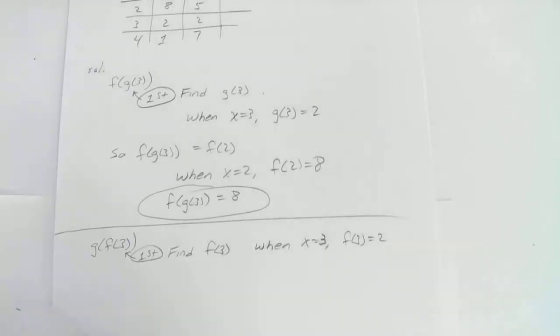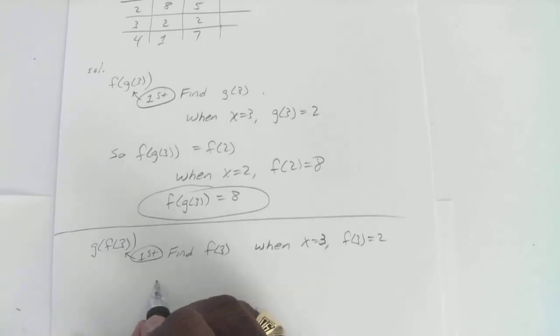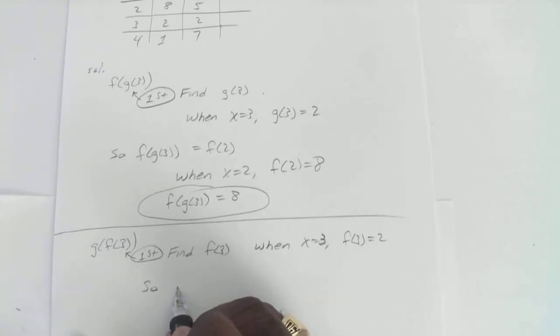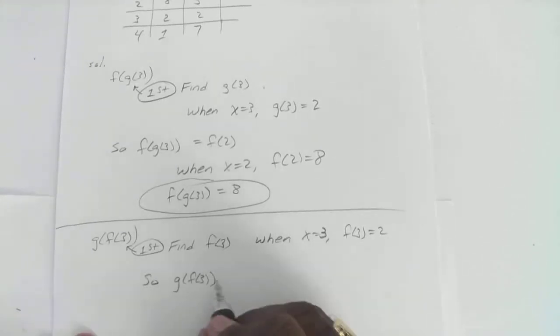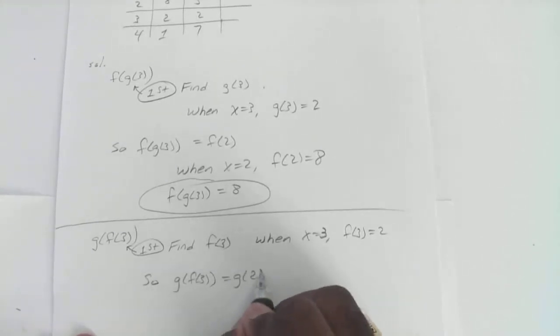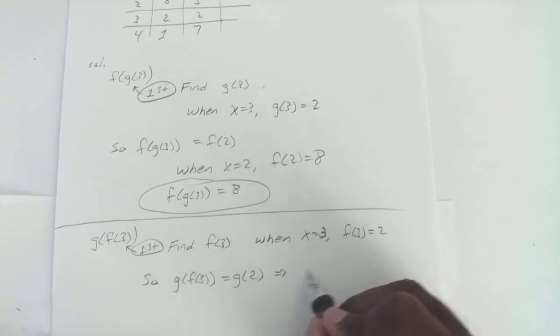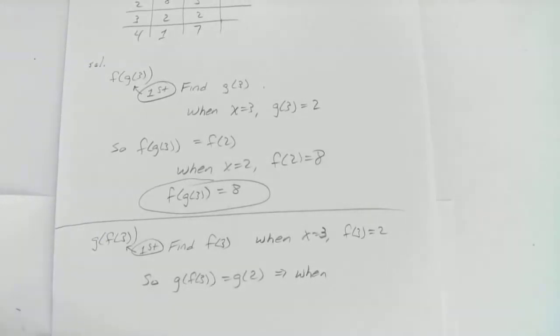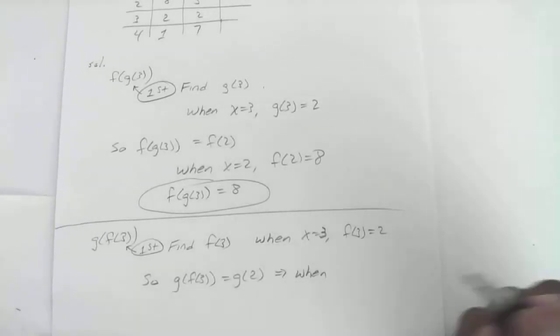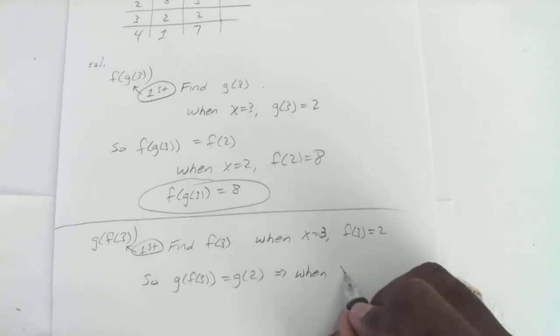Clean that up a little bit. So now that we know that, g of f of 3 just becomes g of 2, since f of 3 is just equal to 2. So when x is equal to 2, g of 2 is equal to 5.